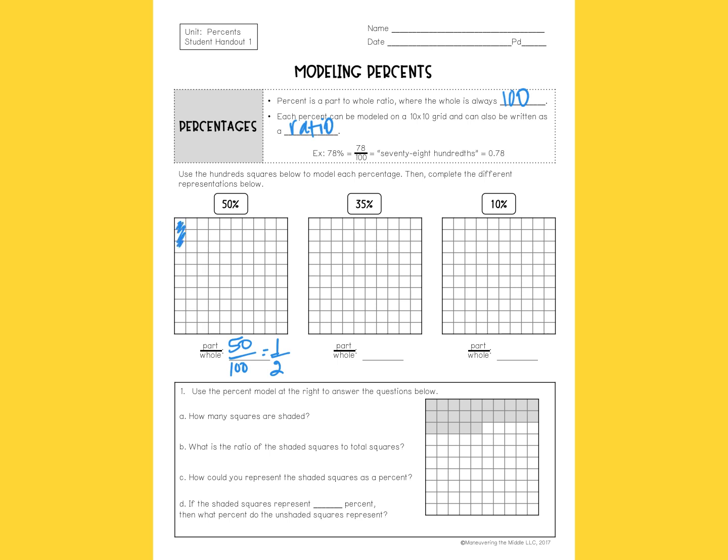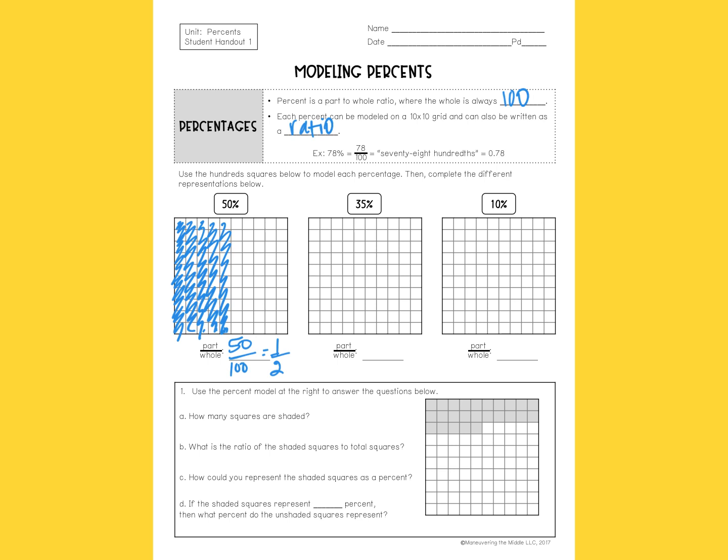I know that there are 10 rows in my base cube, so I'm going to shade in 5 rows, for 50 out of 100, and that is 50% of my picture.